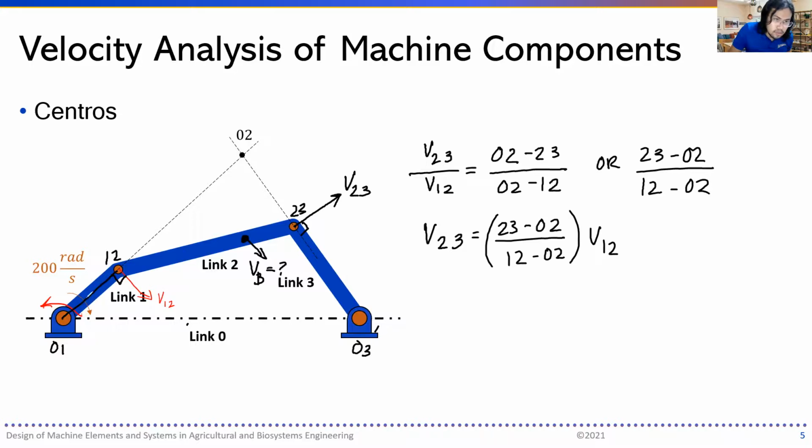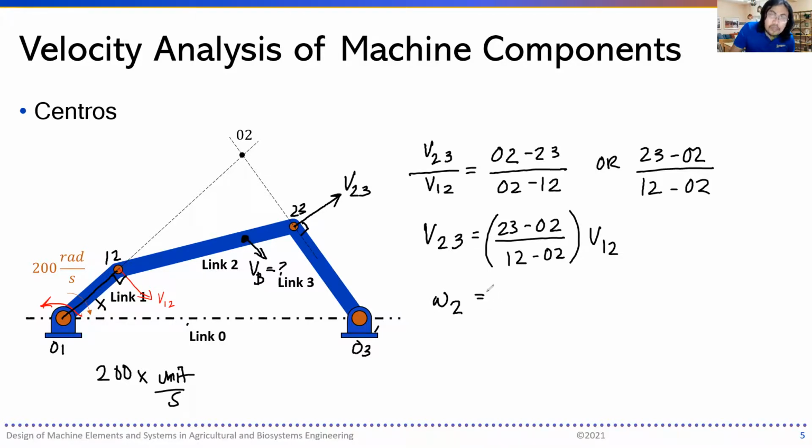For example, the length of this is x. So 200 x, or whatever the unit is, unit per second, and then we have our value for V23, and we can get also the velocity of 2.